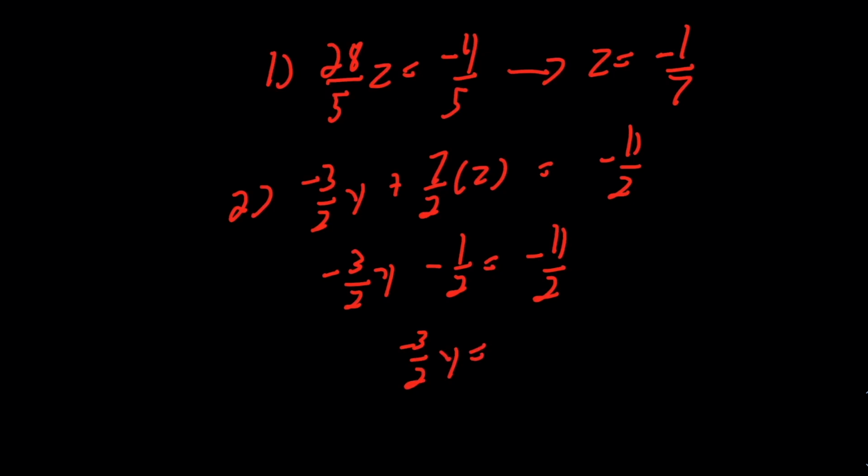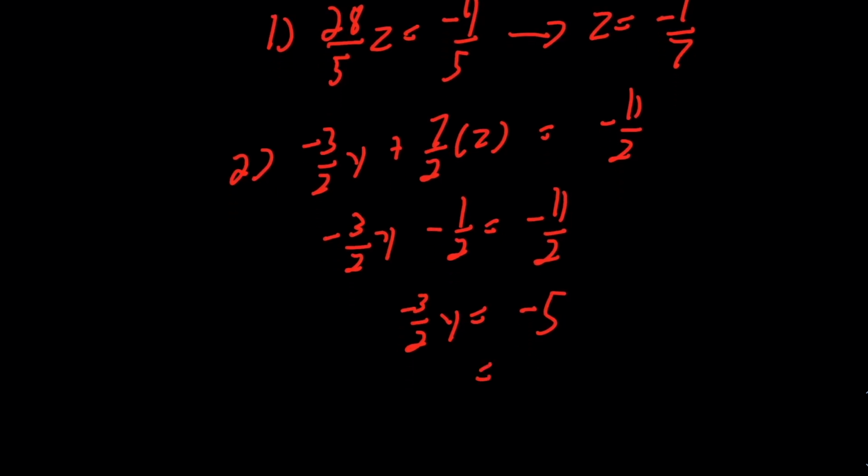Negative 3 halves y equals, let's see here. I'm having a little brain fart at the moment. That should be negative 5. If we multiply by the opposite reciprocal, we should have y is equal to 2.